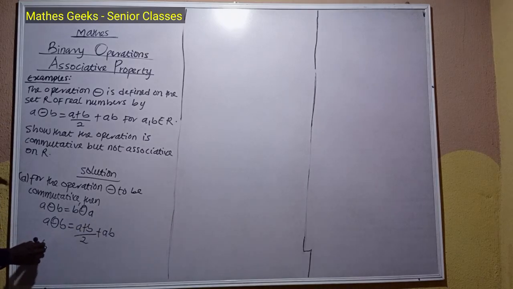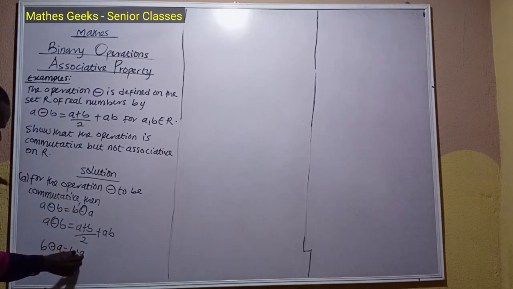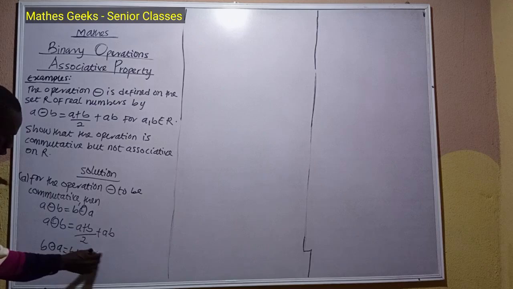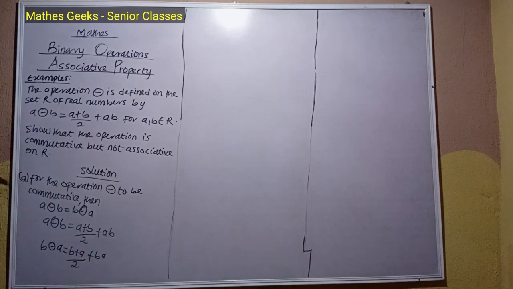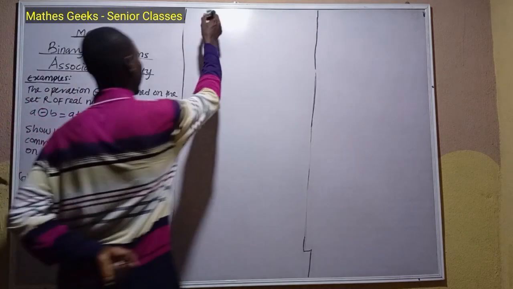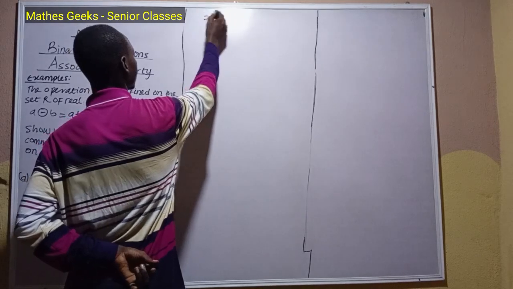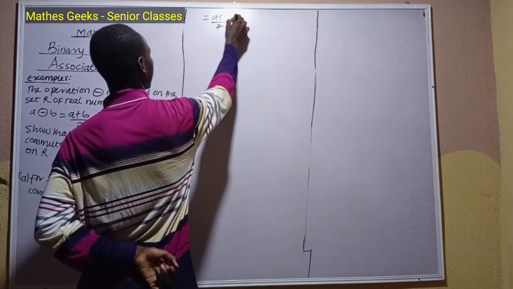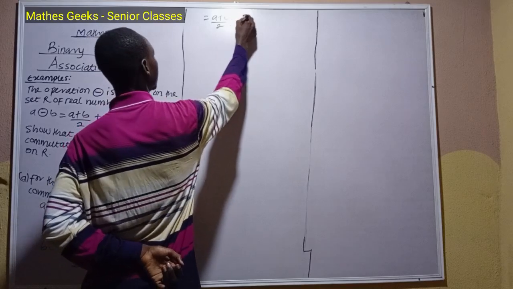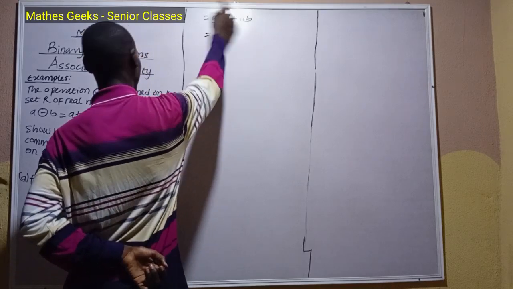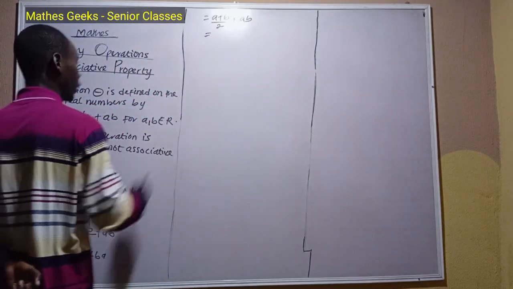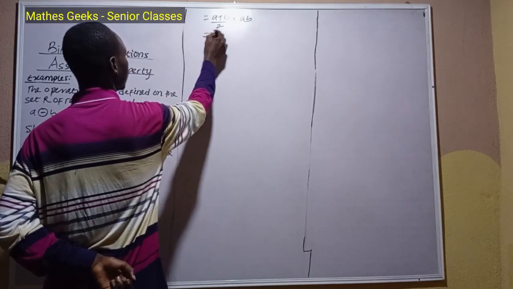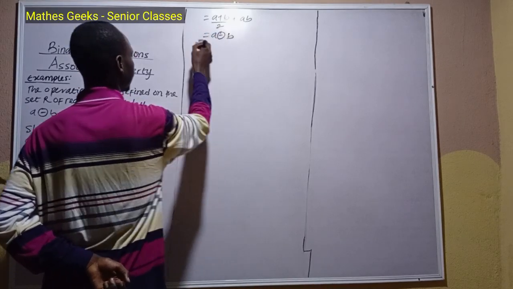Let's see what B operation A will give us. Change the order, that is B plus A over 2 plus BA. This is also equal to A plus B over 2 plus AB, and this is just what A operation B is.